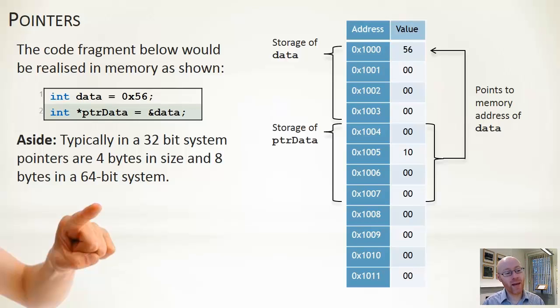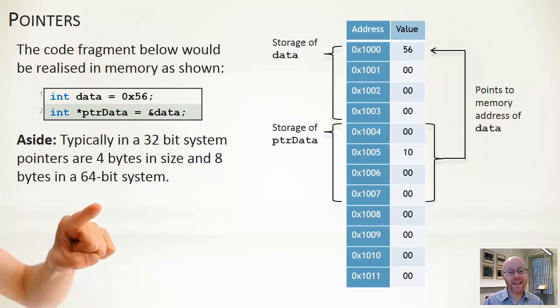Line 2 is where we allocate our pointer variable. Assuming this is a 32-bit environment, we will allocate 4 bytes to hold that pointer variable. Because we declared line 2 after line 1, we just use the next location in memory. So at location 1004 hexadecimal, we reserve an additional 4 bytes for the storage of pointer data.